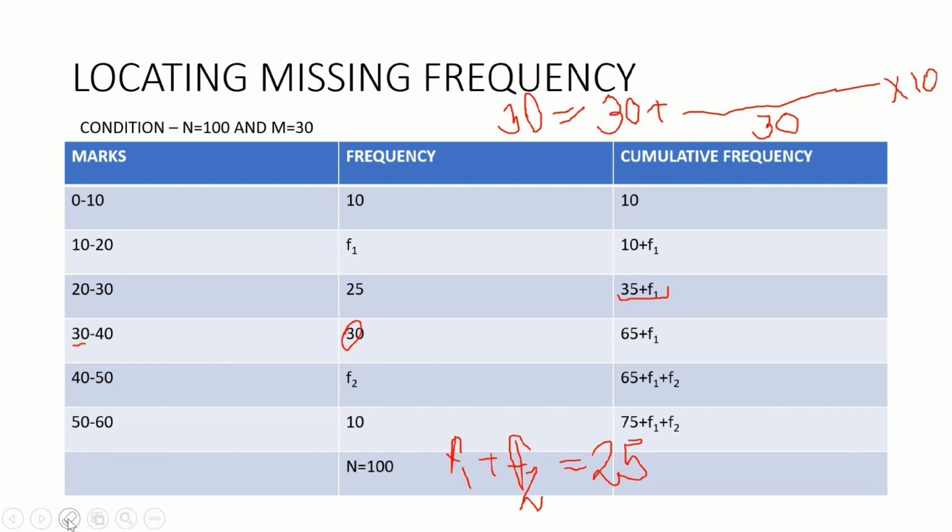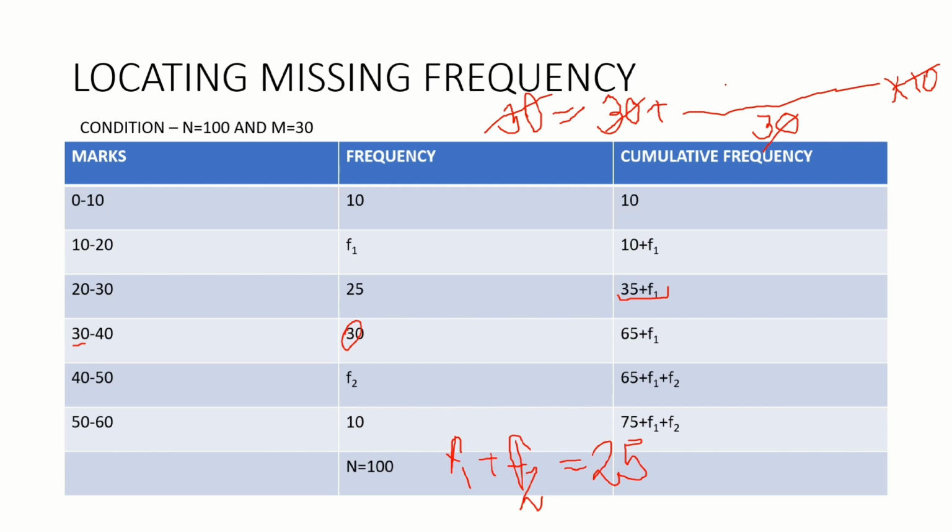What was previously here was 50 minus 35 plus F1. What we simply did was cut this, and this, and this. What remained was 15 minus F1.